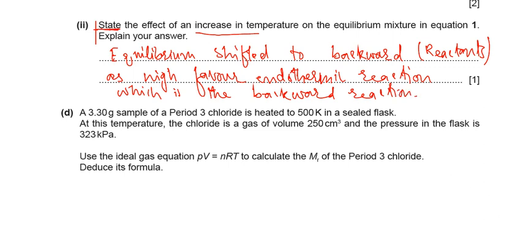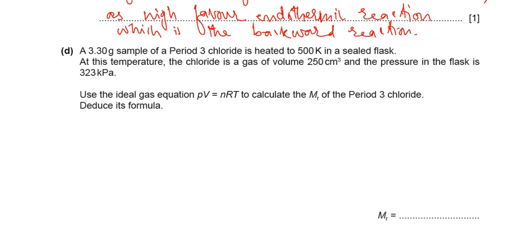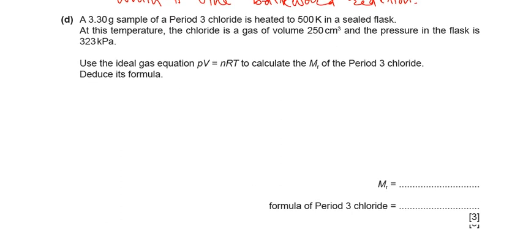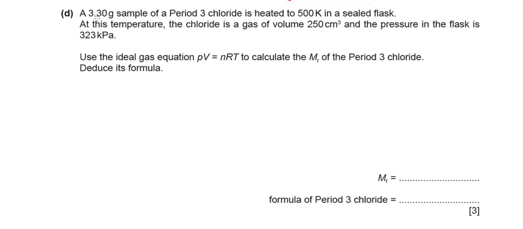Okay, so moving towards the next part, here it says that a 3.30 gram sample of period 3 chloride is heated to 500 K. Temperature is already in Kelvin, no need to change it. We are using the general gas equation. In the flask, at this temperature the chloride is a gas of volume 250 cm cube.